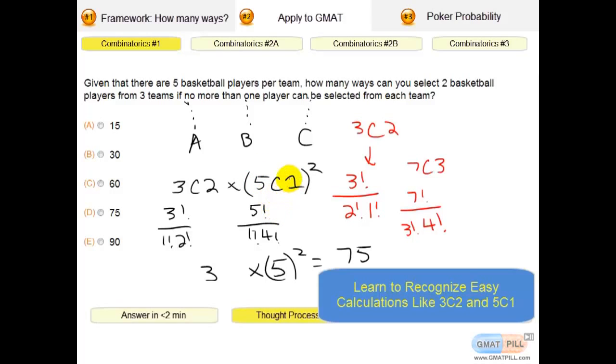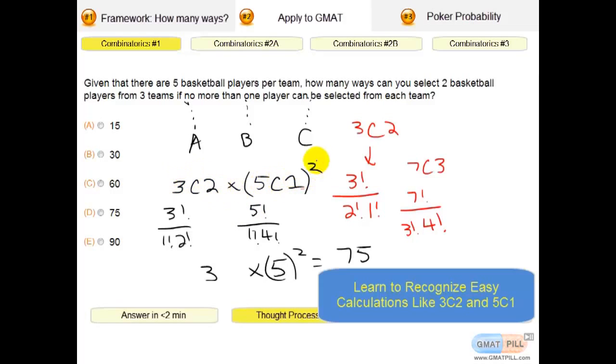And the reason that happens is because if this were a 1, you have the 1 factorial here, but then you also have to add in that 4 there. And this 4 factorial cancels out the 4 factorial up on top, and so you're only left with the 5 on top. So if you get used to seeing these kind of things, then it's easy to do the math.